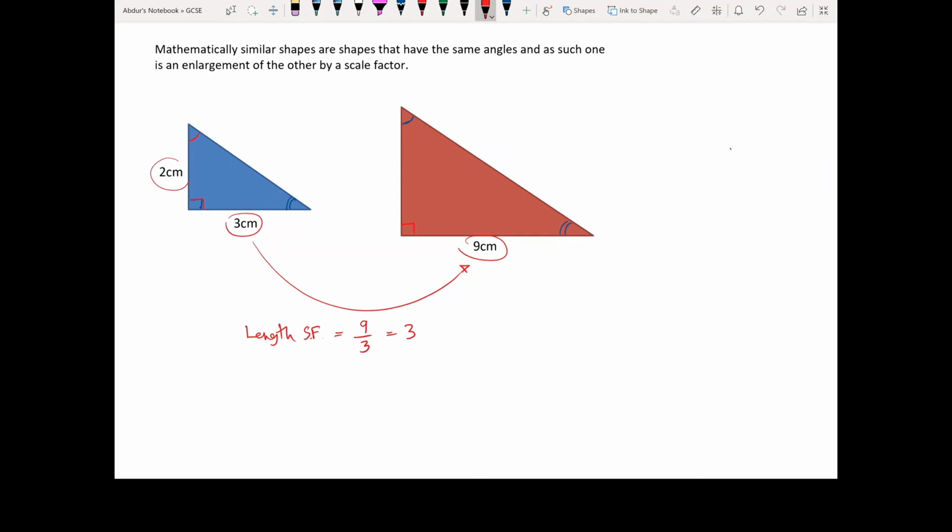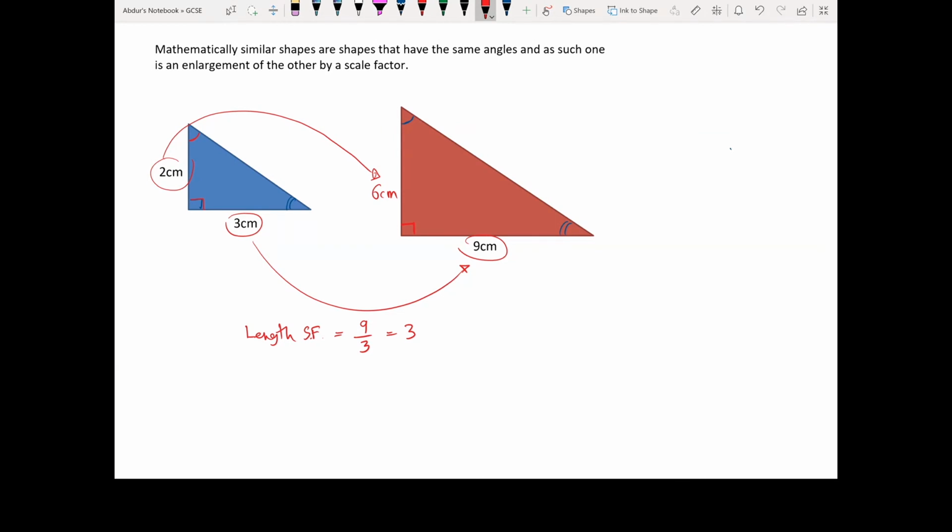I've got 2 centimeters here. To go from this length to that length, I can use my length scale factor, which is 3. So I can do 2 times 3. That gets me 6 centimeters. So I can figure out the second one's length, and if I had another length, I could figure out the other length as well. Okay, so that's my length scale factor.